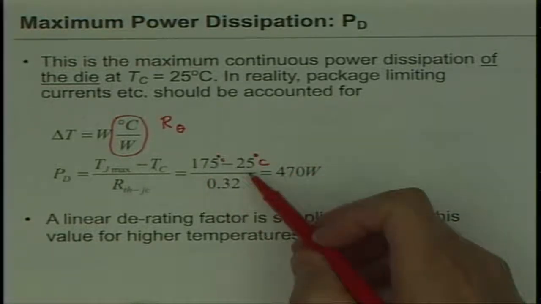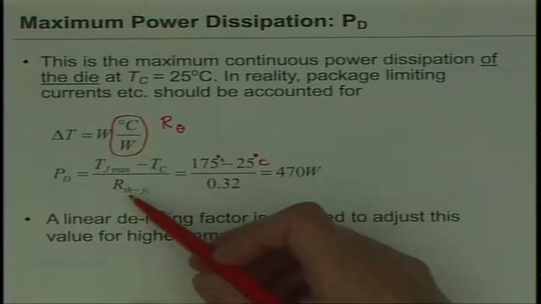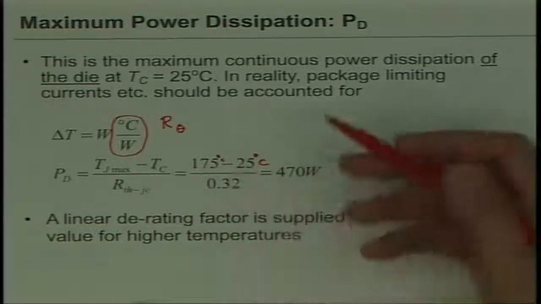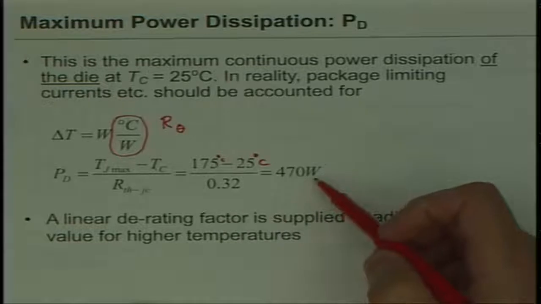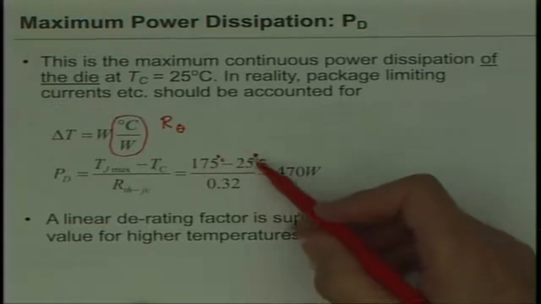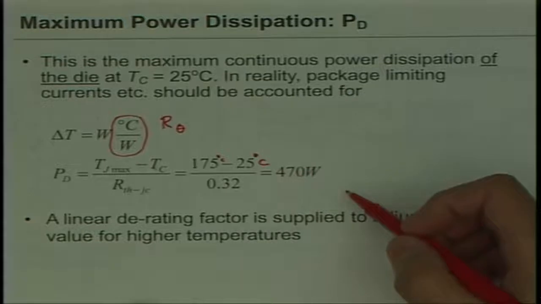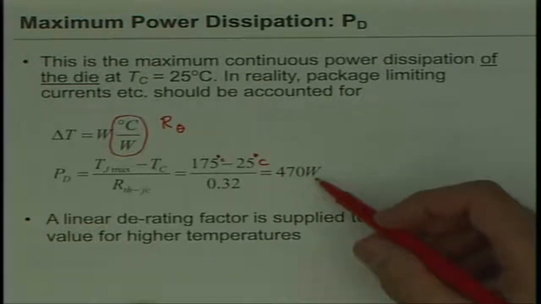This is the temperature difference across that junction. And this is my thermal resistance, in this case 0.32 for this example. I come up with 470 watts, which is a lot of power. And again, this is assuming you can keep this infinite heat sink at 25 degrees C, which is pretty difficult. But that's where the number comes from.